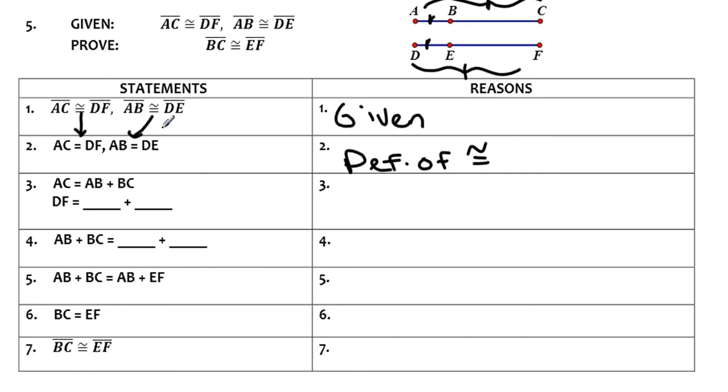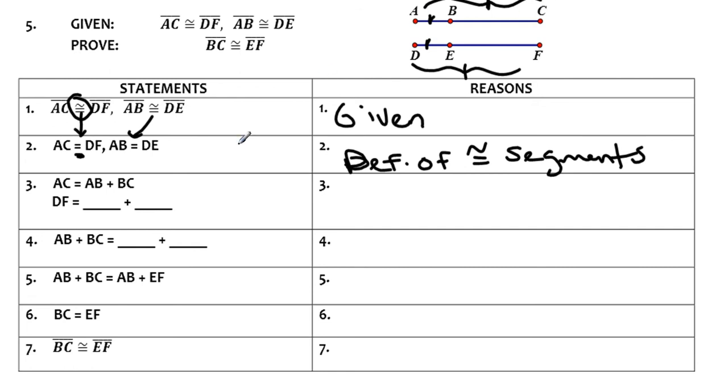In this case, we're talking about segments. The definition of congruent segments just says that segments that are congruent have equal measures. So we're just making this cleaner so that we can start using some algebra. Congruency is geometry, but we're going to be doing some algebra. That's equal signs.